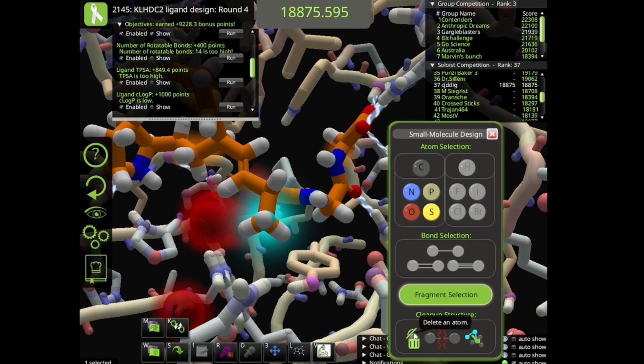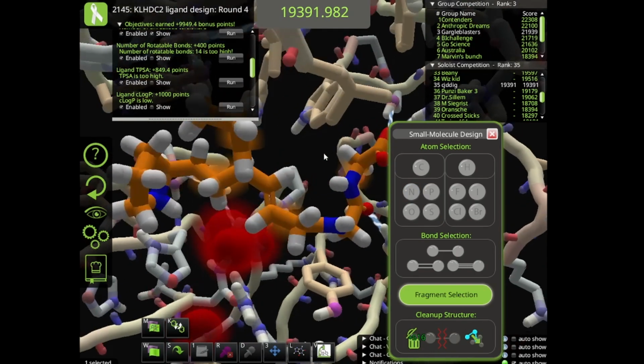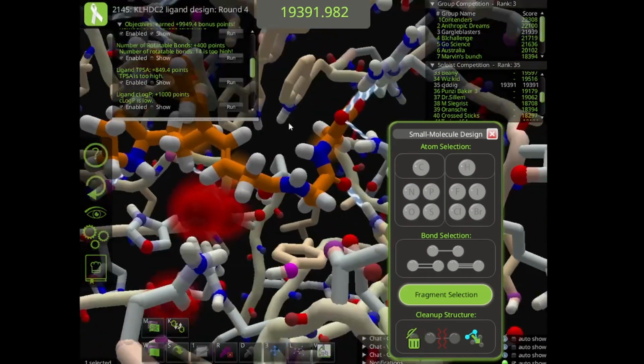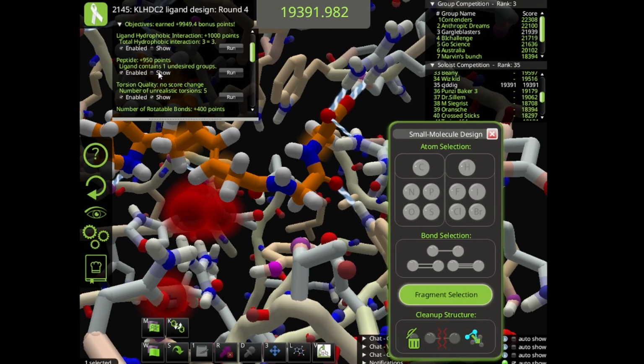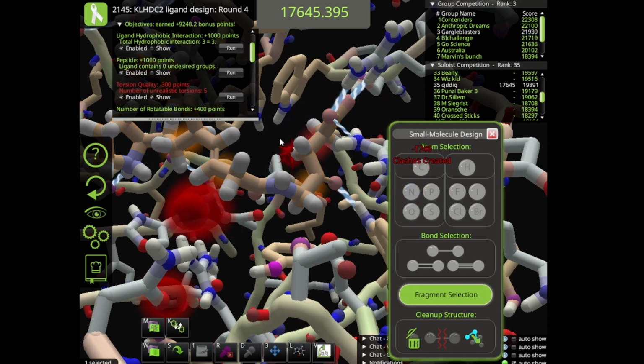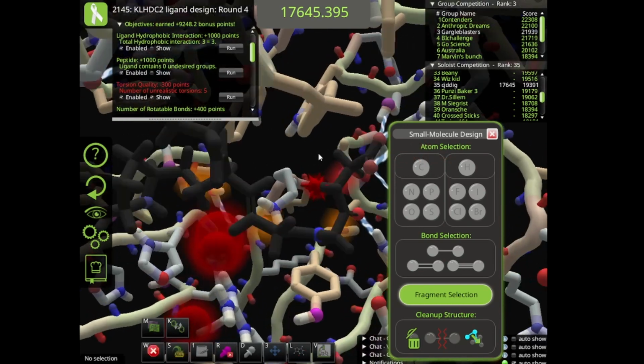I'll maybe delete this carbon, and well, there is still one peptide here, so I will replace this nitrogen with carbon.